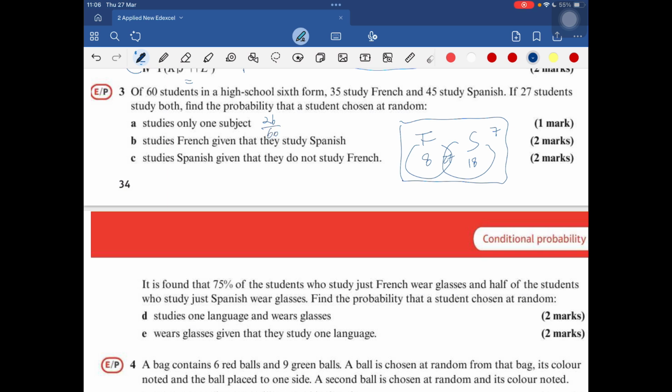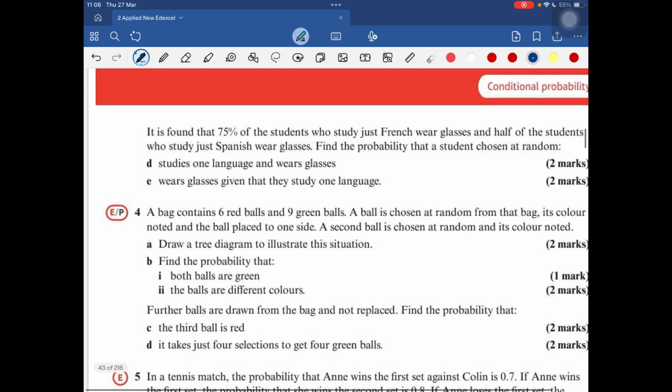And French given Spanish probability. Out of Spanish altogether, 45, the students who study French is 27. And Spanish given French: out of 35 French students, there are 27 students who also study Spanish.